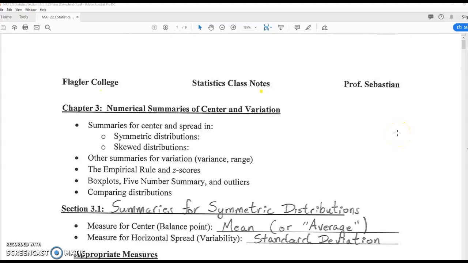With categorical data, we visualize with either a bar graph or a pie chart, and then we summarize it with mode and variability. Please refer back to chapter 2 to make sure you completely understand those.